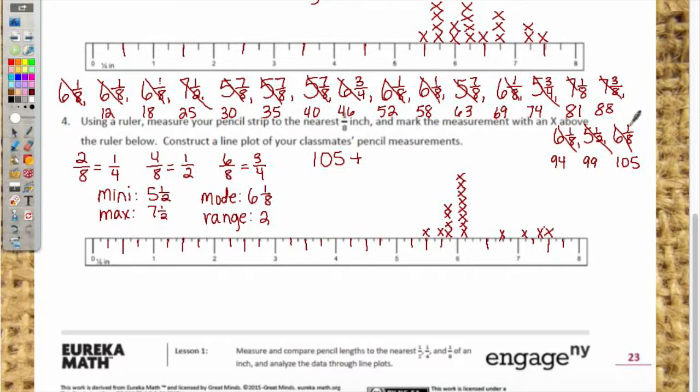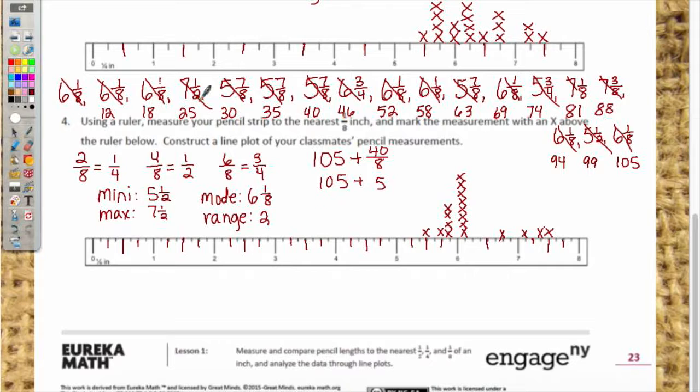So I have 40 8s, and that's 5, right? 40 divided by 8 is 5. Okay. Now let's add the halves next. Let's do the halves next.